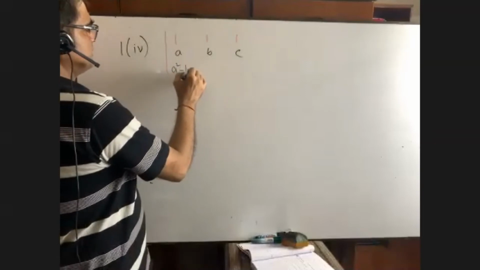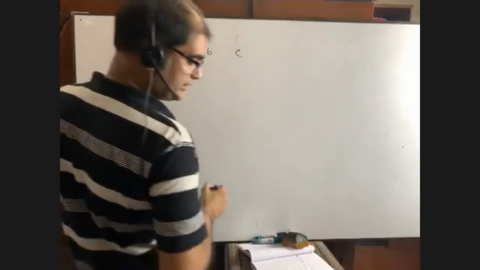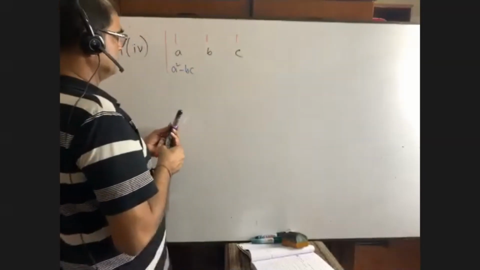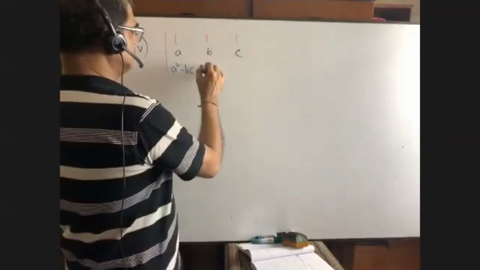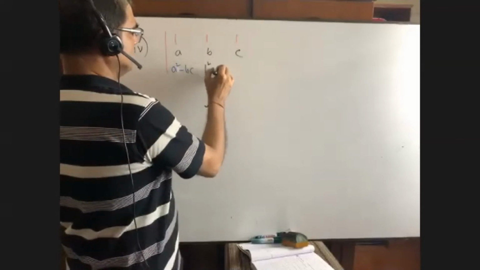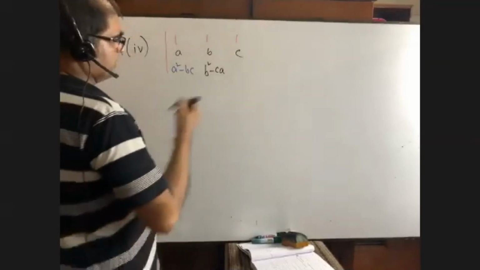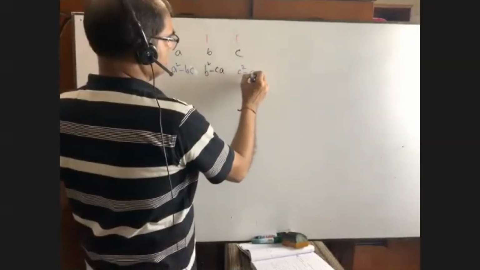Then it is given b square minus CA. And at last it is given C square minus AB.